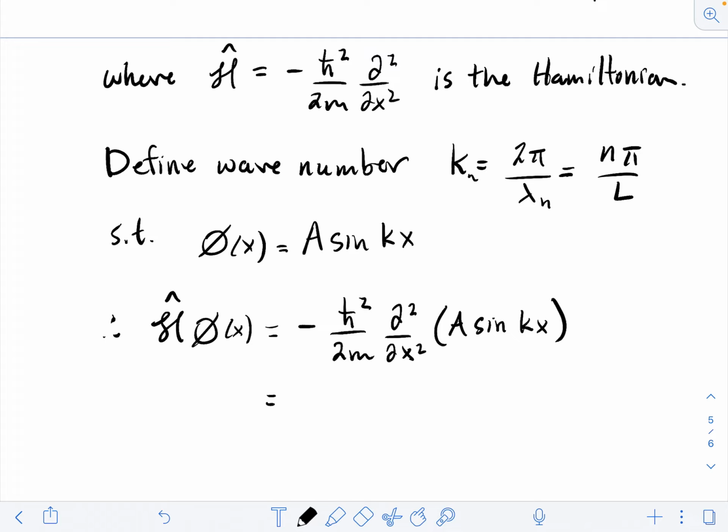When we take the first derivative, we get k times a cos kx, and when we take the second derivative, we get minus a, and then we'll get back to sine kx, and we'll get another factor of k, so we get 2 factors of k coming out. And so if you do this derivative, you get h bar squared k squared over 2m times the wave function back again.